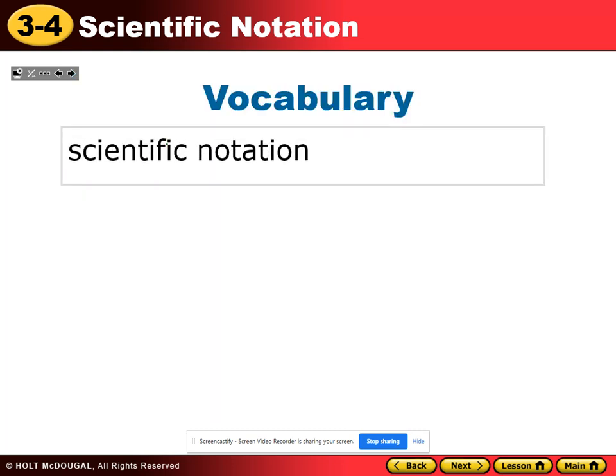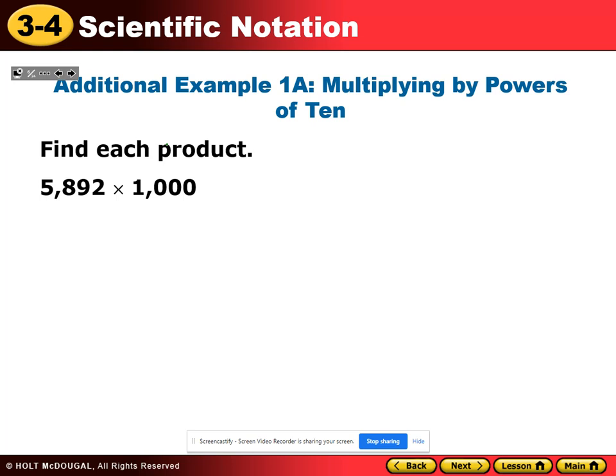So, scientific notation. All right, so find each product. They want you to multiply. I need you to know where is the decimal in 5,892. Hopefully all of you know it's at the end of the 2. Now times 1,000, that means I'm going to take 5,892, if I can write on the board, with a decimal that's right here.